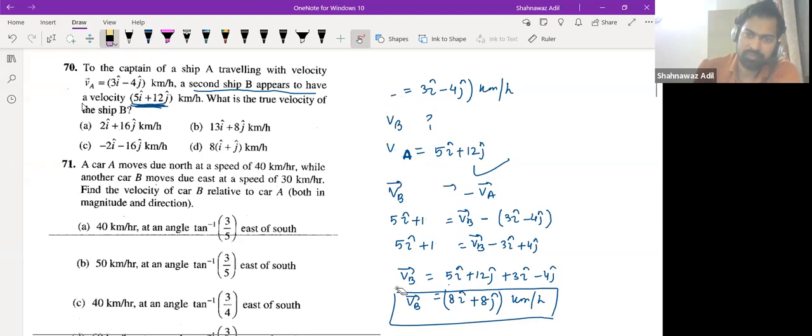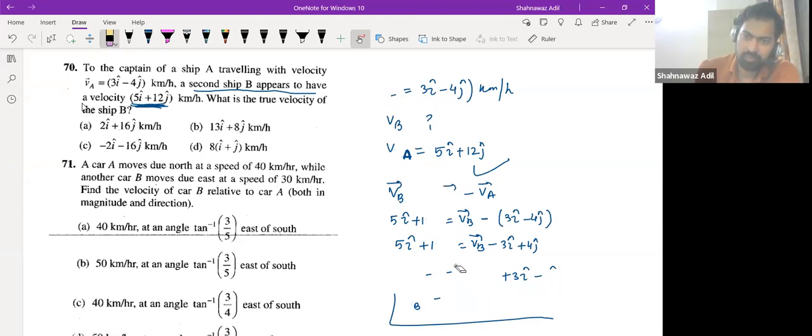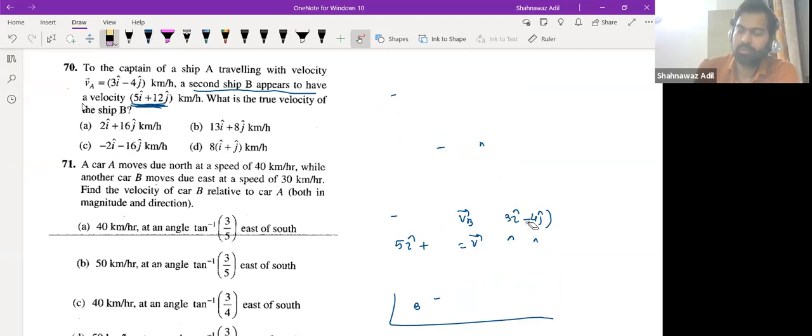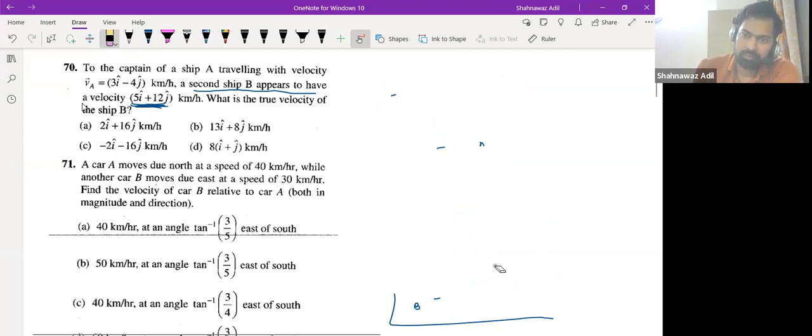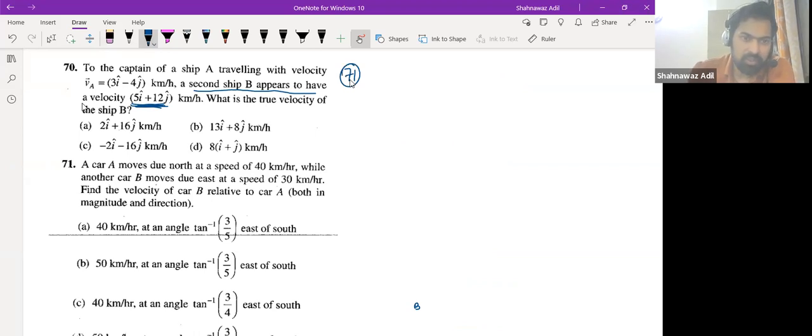Question. A car A moves due north at a speed of 40 kilometer per hour. So we have this north, and this is the velocity of car A, which is 40 kilometer per hour.